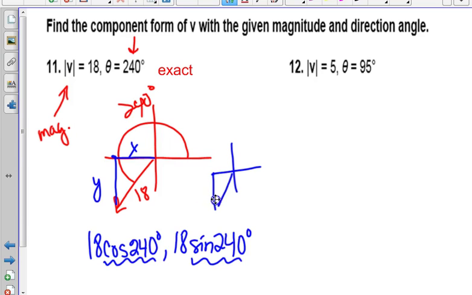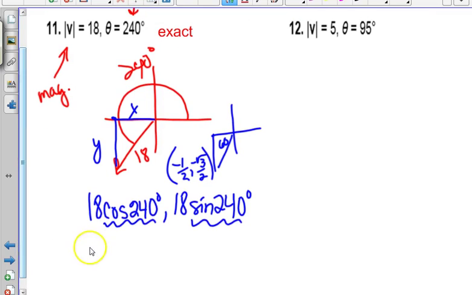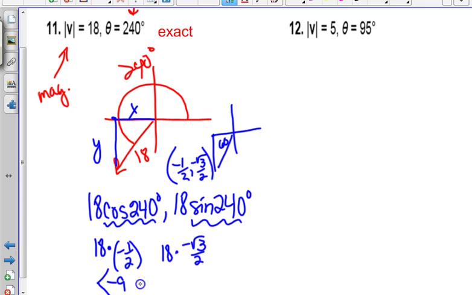It's a 60-degree angle down here. So it would be left 1/2 and down square root of 3 over 2. Okay, so if that's the ordered pair, what is the exact value here? 18 times, what's the cosine? Yep, would be -9. And over here, 18 times negative square root of 3 over 2 would be what, guys? -9 square roots of 3, yes?